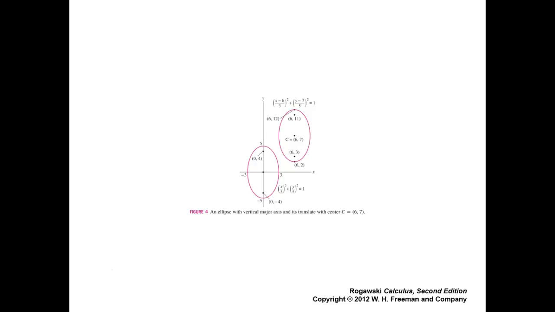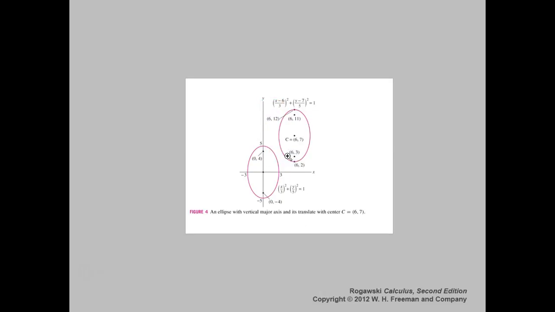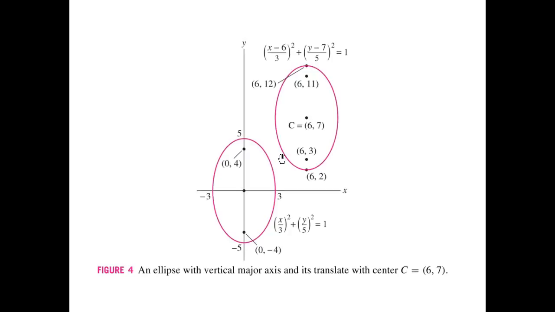Now, this is totally out of order. This was your ellipse where the y is the major axis. The foci are on that, and then this is the translation. They didn't show it the other way, but that's all it is.